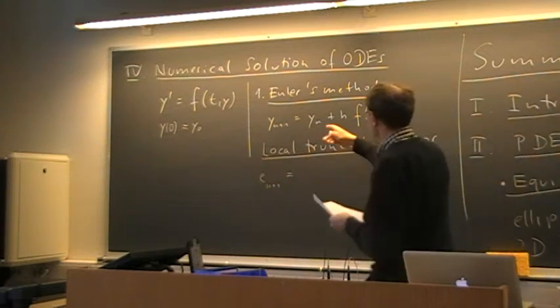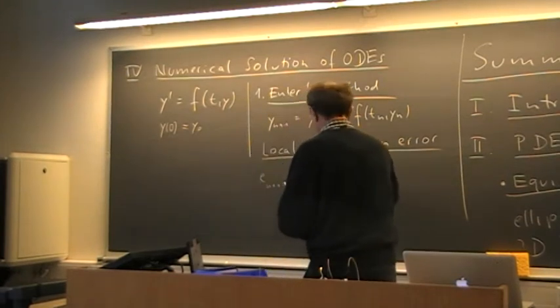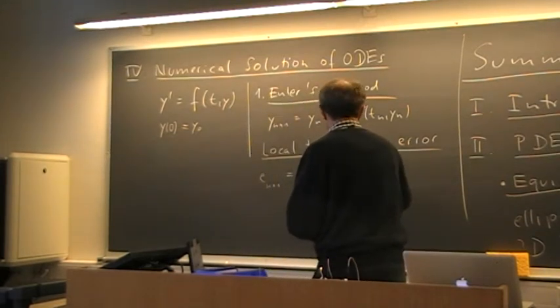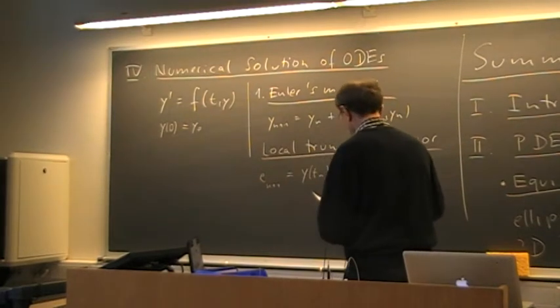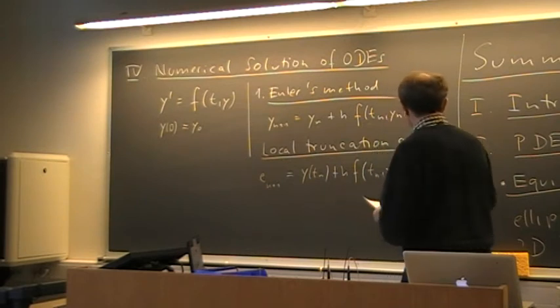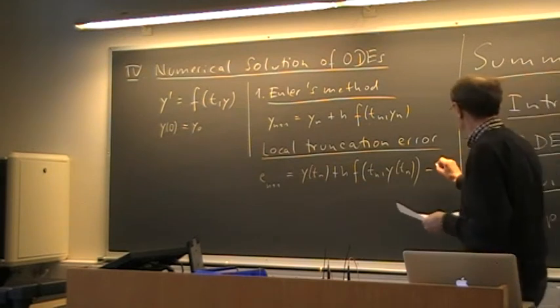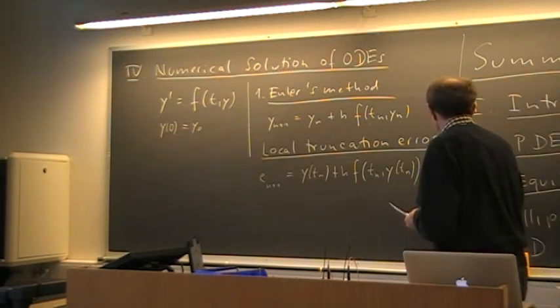So we take y of t_n plus h times the ODE right hand side at the old time level, with the exact solution at the old time level, and we subtract the exact solution at the new time level, y of t_{n+1}.